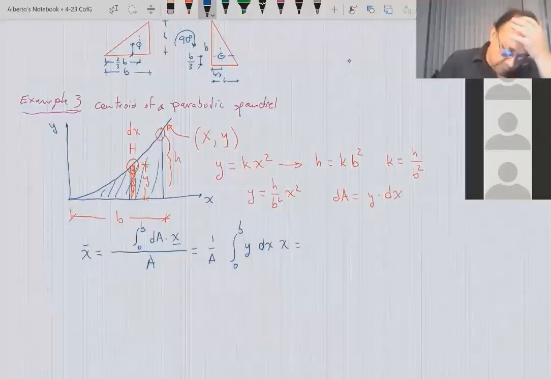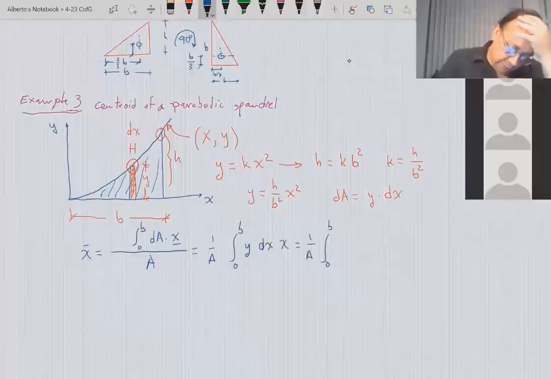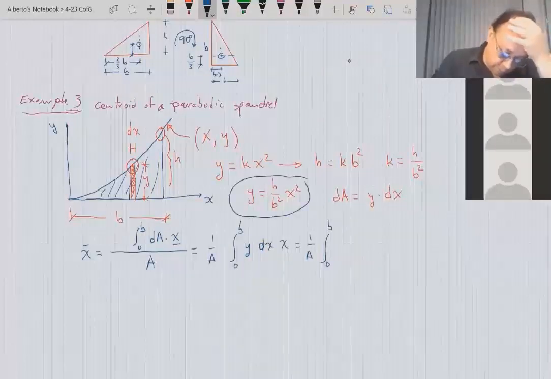And then we have 1 over A integral from 0 to b of y, which is this equation here, h over b squared x squared, that's y.